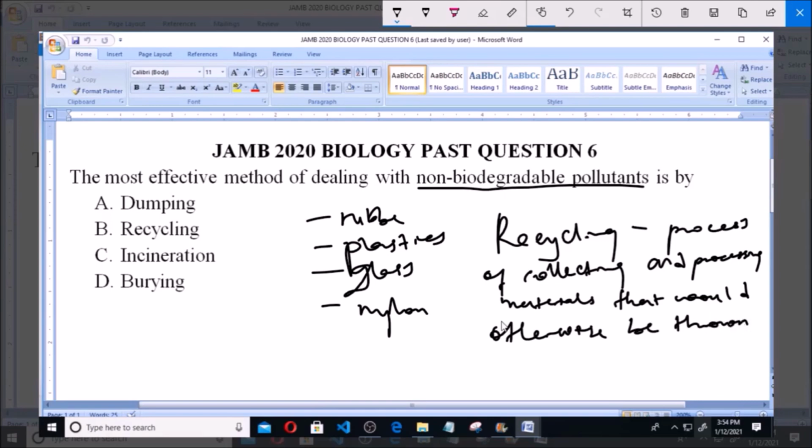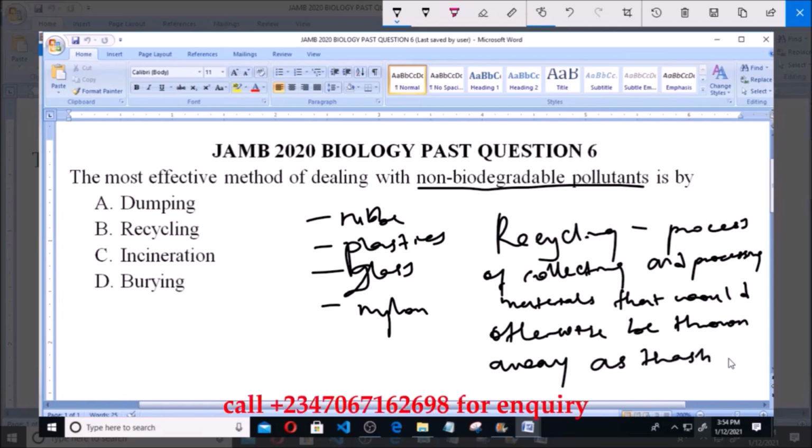That is what I'm saying. Instead of throwing these materials away or disposing them in an incinerator and burning them or burying them or dumping them, it is very effective to recycle these materials rather than throwing away as trash.